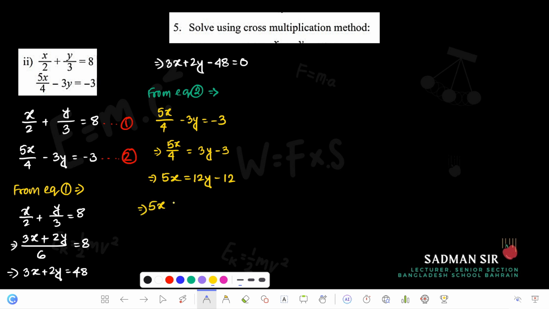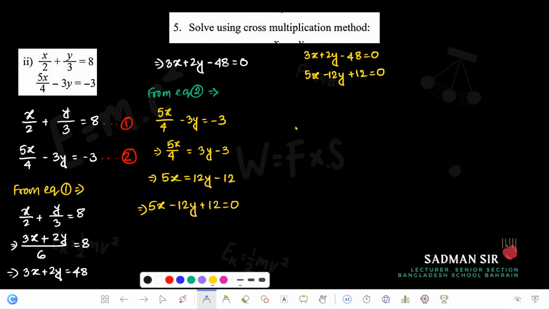So if I bring it on the left hand side, 5x minus 12y plus 12. So this equation I have to write here. x plus 2y minus 48 equal to 0. Then we have x minus 4y plus 12 equal to 0.